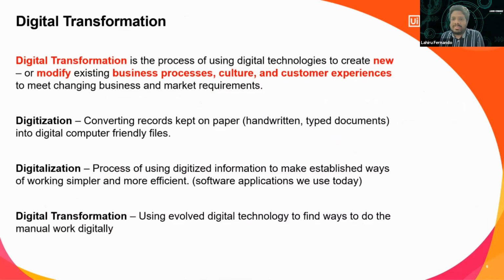There's a simple definition: it is a process of using digital technologies to create or modify existing business processes, culture, and customer experiences to meet the market requirements. As you already know, and you got to know from the previous sessions, RPA is focused on improving the processes that we have been doing.